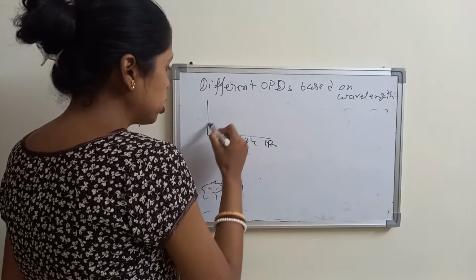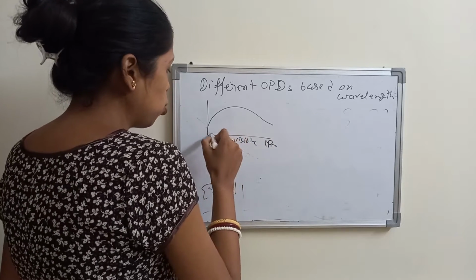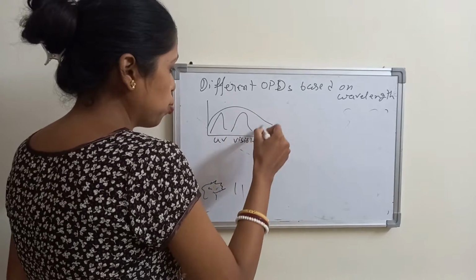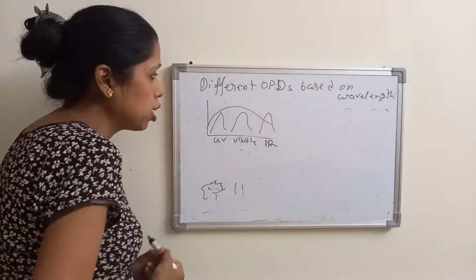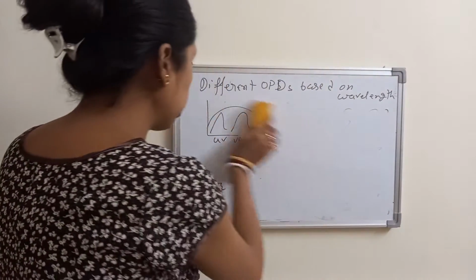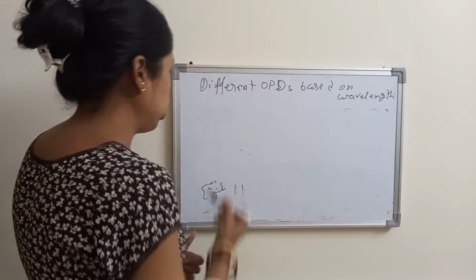You can design the broadband OPD that I discussed last class, and the monochromatic OPD, panchromatic OPD, single wavelength OPD. Different kinds of OPD you can design, right? So first today, one thing I want to discuss is the wavelength selective OPD.